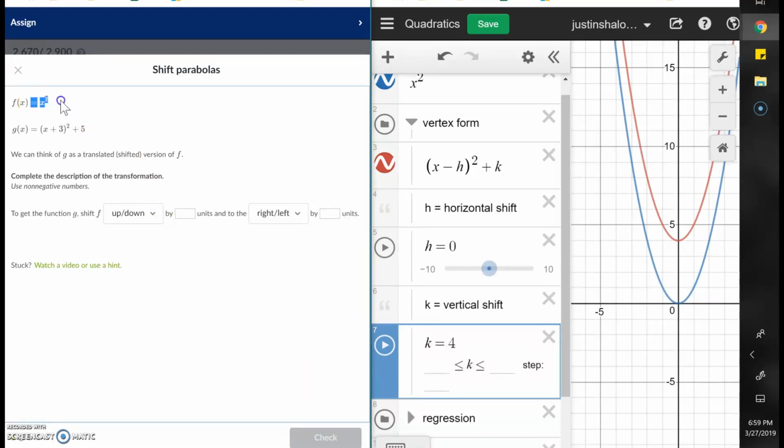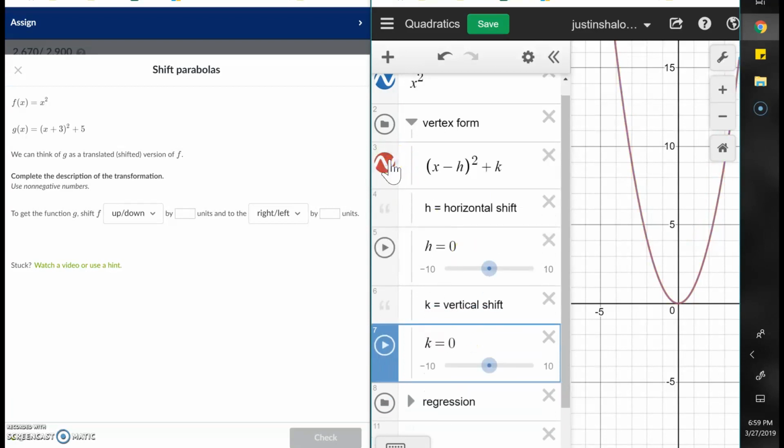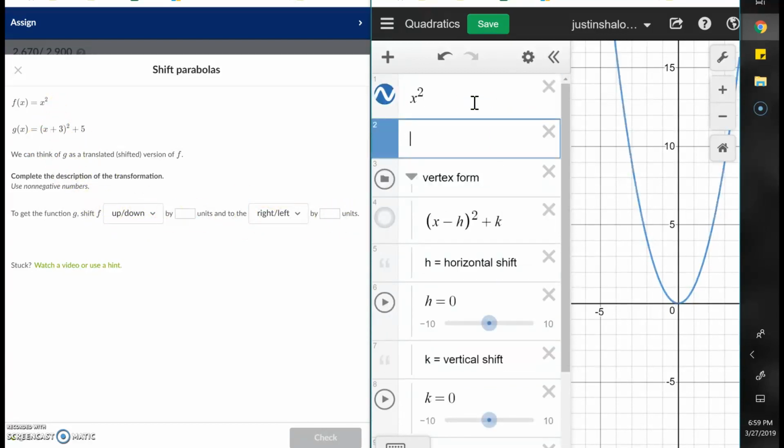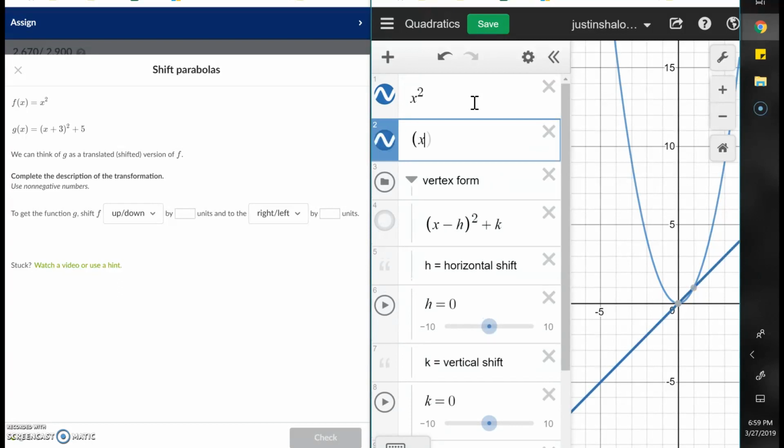Okay, here it gives us the parent function, and gives us the equation that we're comparing, and we have to describe what it looks like. The parent function's already graphed. Let's go ahead and graph this one.